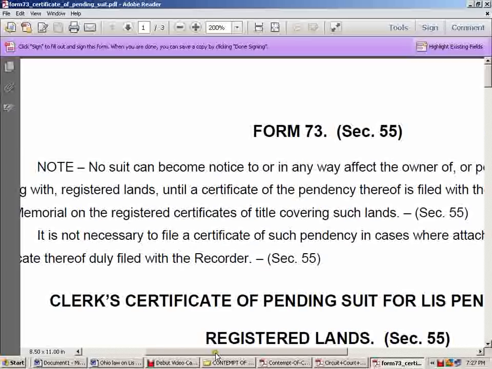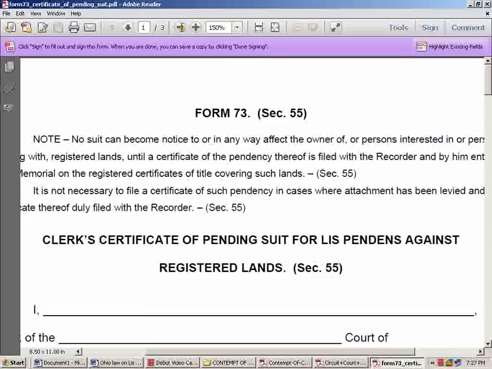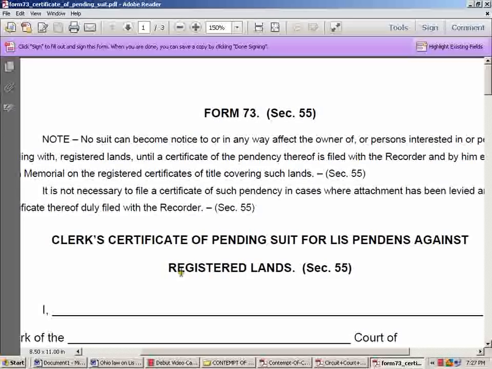It's called a Form 73, Section 55 of something. Now, this is in Ohio. Clerk's certificate of pending suit for lis pendens against registered land. It's a certificate for the pending suit.